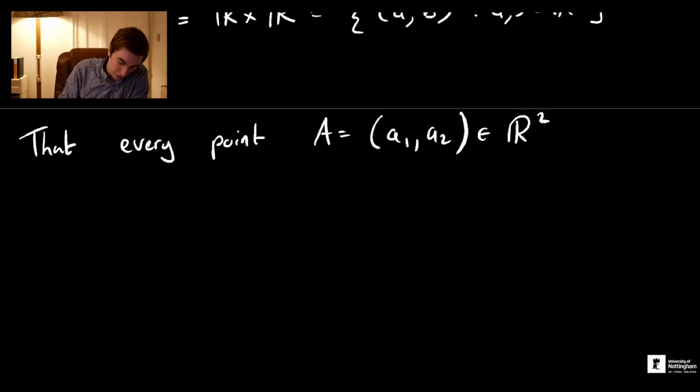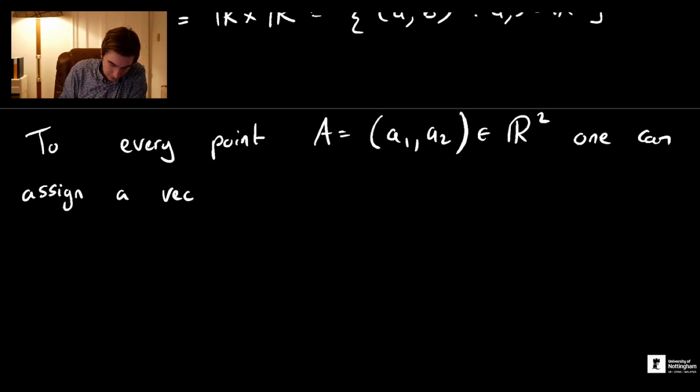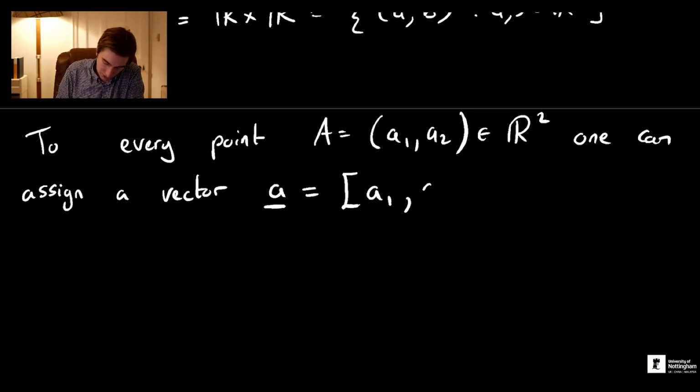To every point, one can assign a vector. We'll write it as a underlined to mean that it's a vector, which we write in this square bracket notation as [a1, a2].